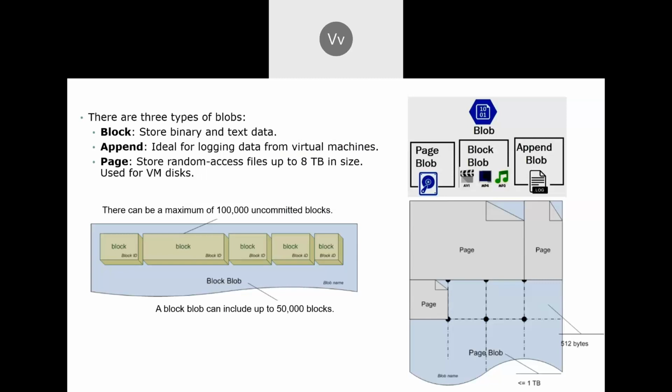Usually, a page blob is nothing but when you are trying to store a file which is more of a snapshot of a disk.